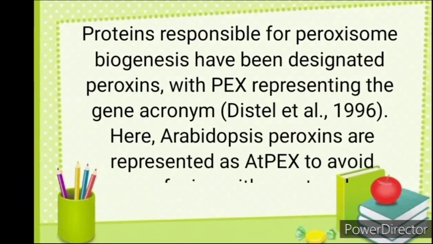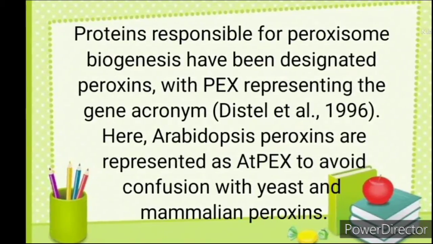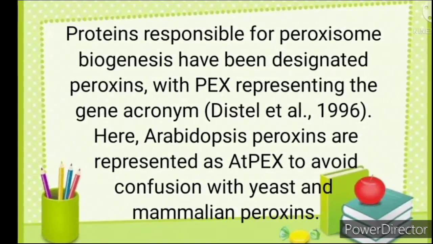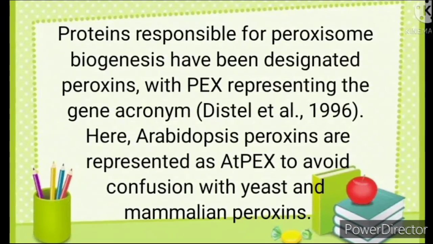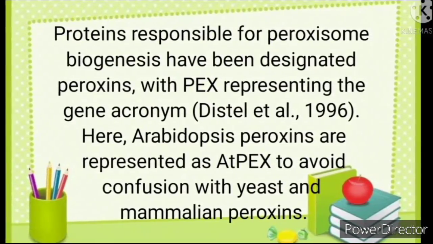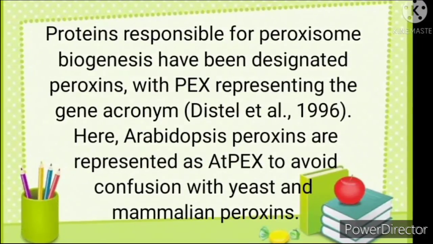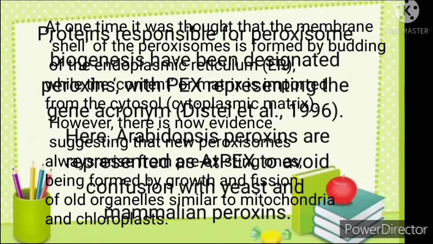Proteins responsible for peroxisome biogenesis have been designated peroxins, with PEX representing the gene's acronym, Distel et al., 1996. Arabidopsis peroxins are represented as AtPEX to avoid confusion with yeast and mammalian peroxins.